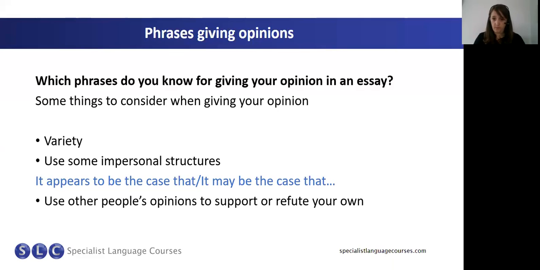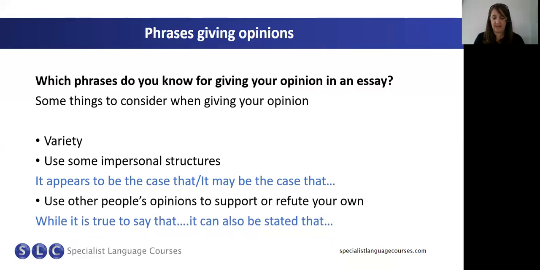So a feature of academic writing and academic essays is to include other people's opinion to show an opposing opinion and then come back to your own opinion. And this is a way to strengthen your ideas and arguments, such as, while it's true to say that, it can also be stated that.